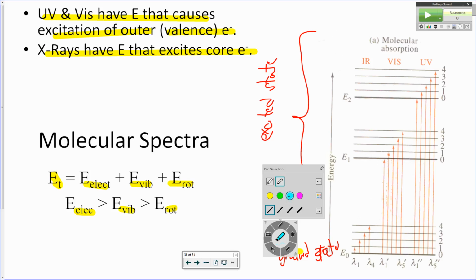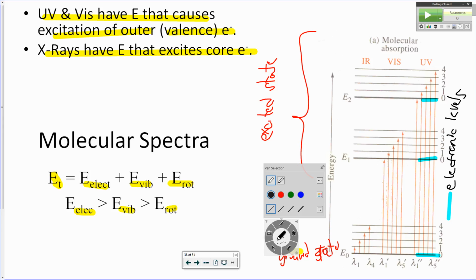So these darker lines represent electronic transitions, our electronic energy levels. And the lighter lines represent vibrational and rotational levels.